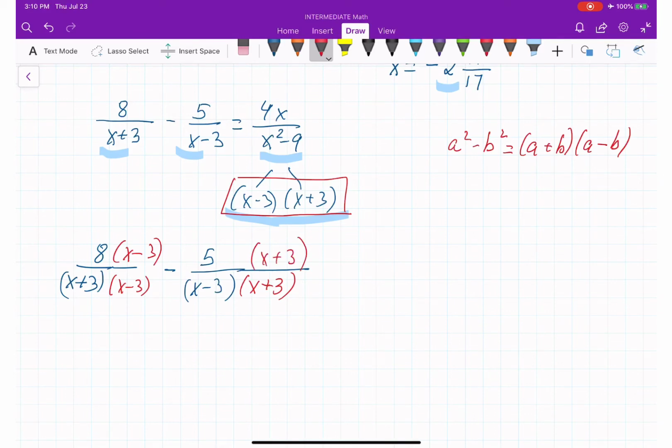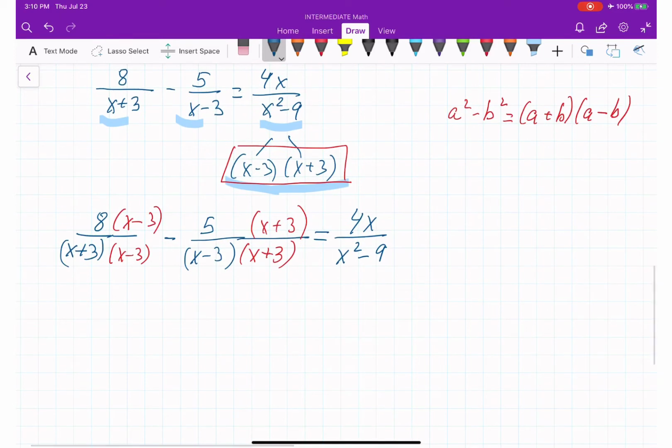So that is going to be equal to 4x over x squared minus 9. Okay, since x squared minus 9 is the same as x minus 3 times x plus 3, we have the same denominator. If it's better, I'd rather write down x minus 3 and x plus 3. Since we have the entire denominator here, we don't need to make any change.